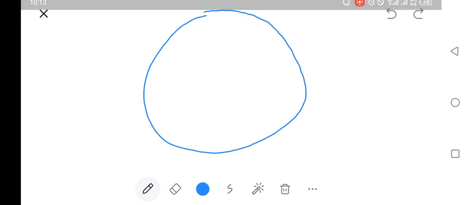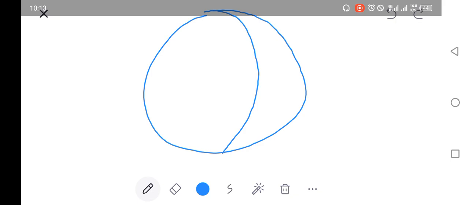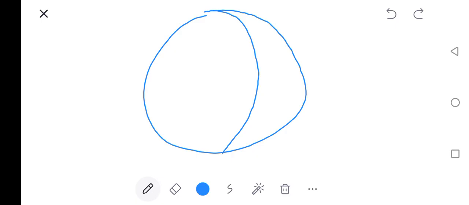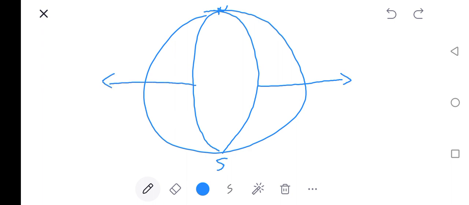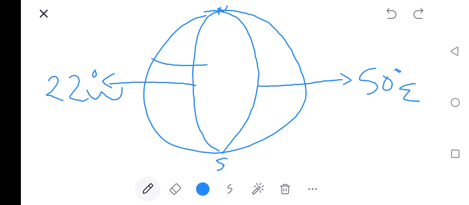The other one is this kind. South, north. 50 degrees east, 22 degrees west. 40 degrees north.